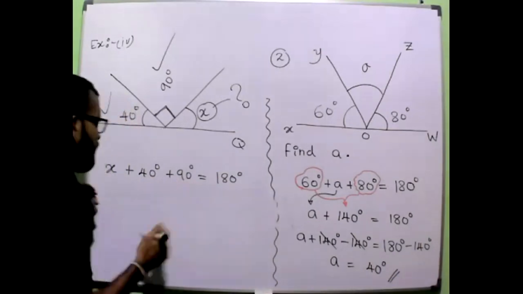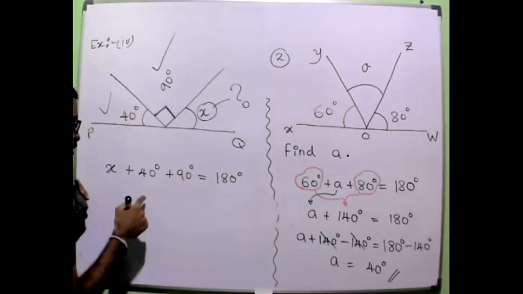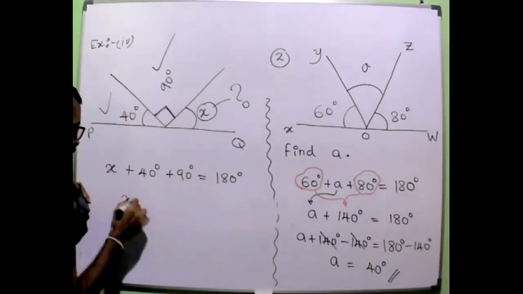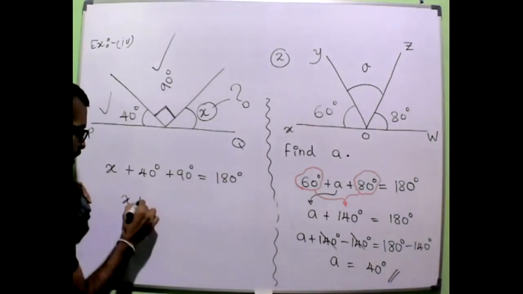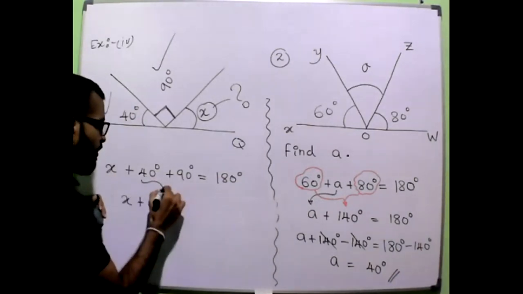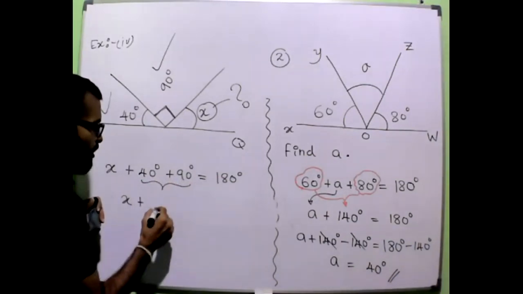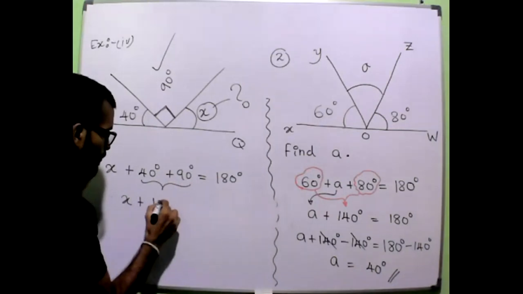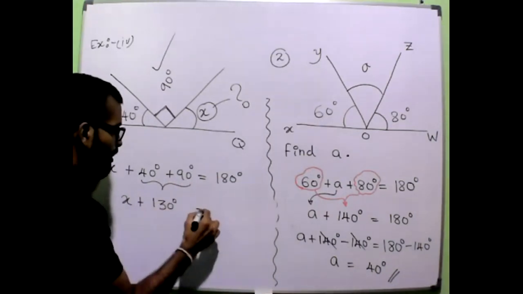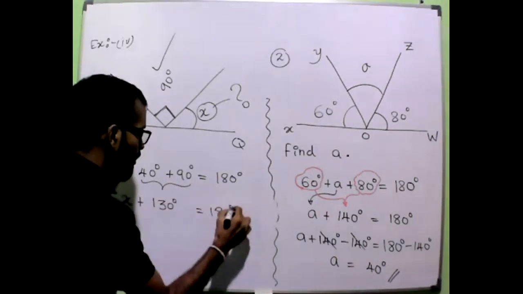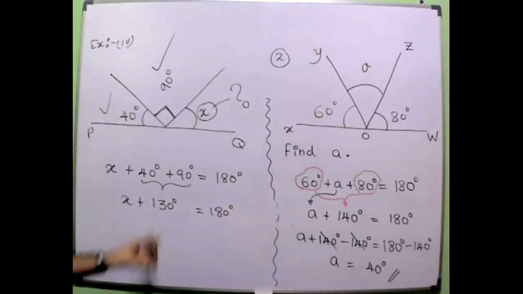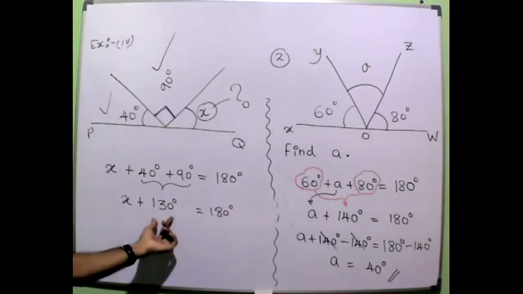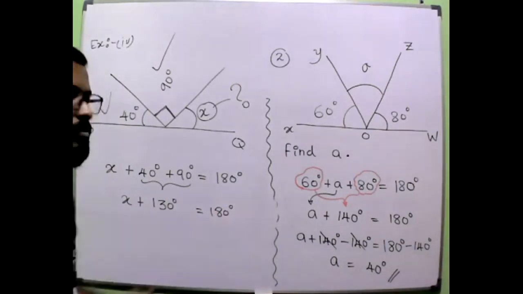40 plus 90, right? Before doing that, I will write x here, and plus 40 plus 90. It will give you 130 equals 180. Now what is the 130? Positive 130, right? So you should make it negative from both sides.